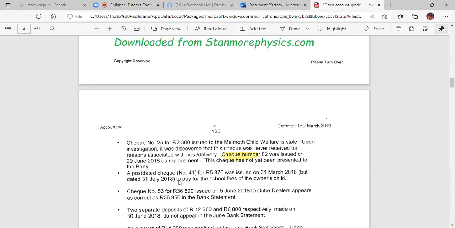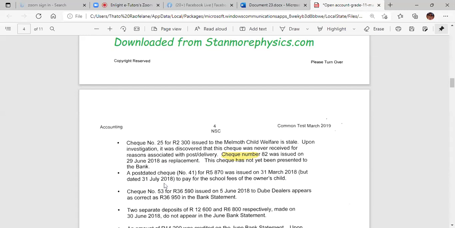Every time we write a check, it's recorded in the cash payments journal. So on the 31st of March 2018 we recorded 5,870 in the cash payments journal, but it's dated 31 July 2018.